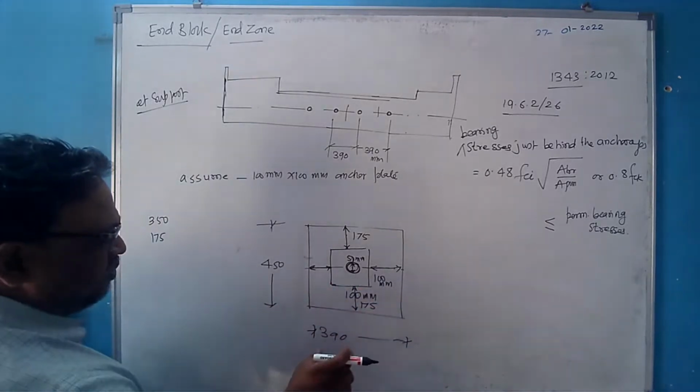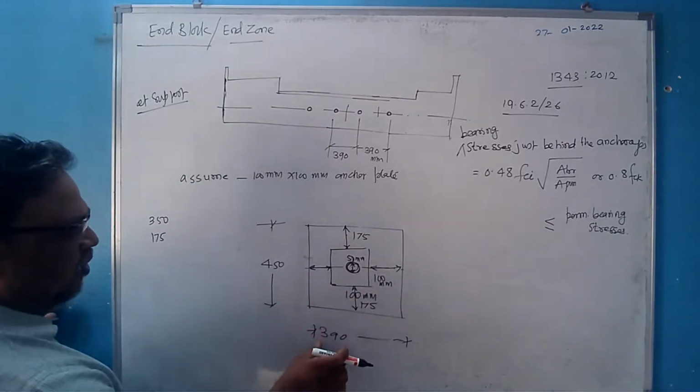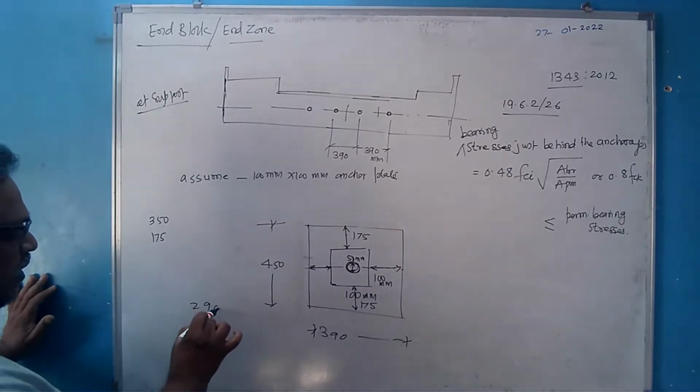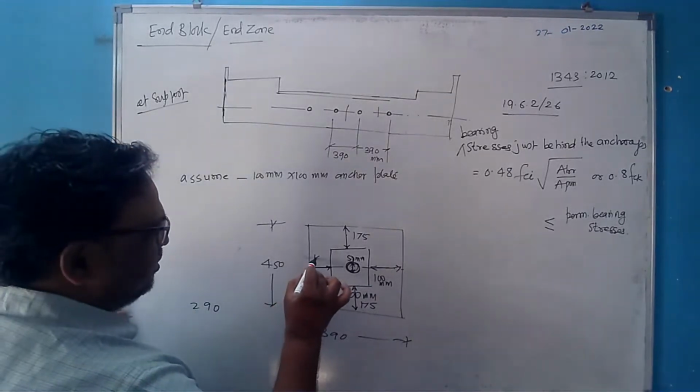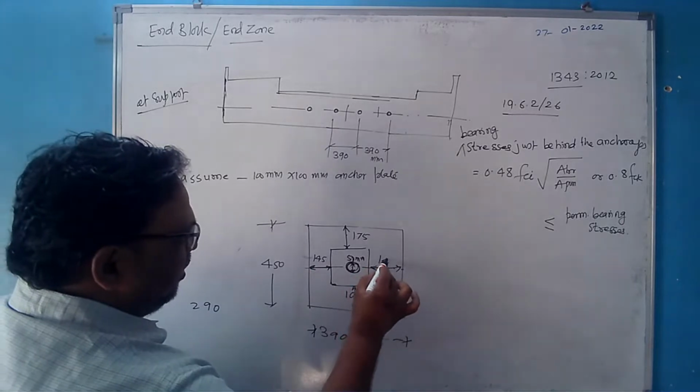Now this total width is equal to 390 if it is 100 mm. So the remaining is 290. If it is 290, then this distance is 145 mm and 145 mm.